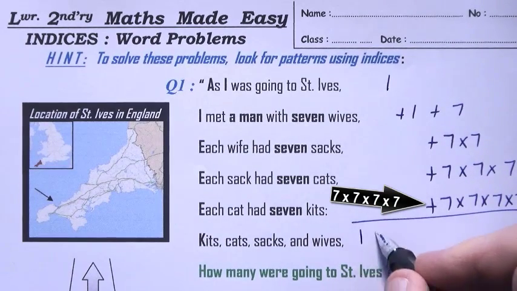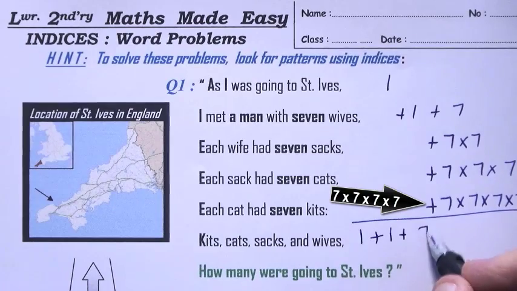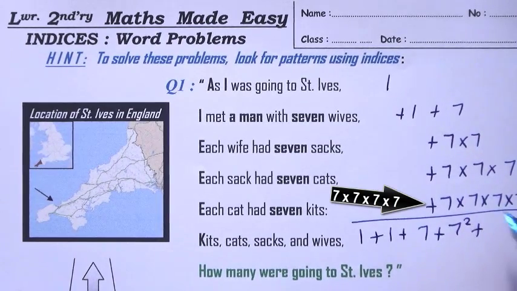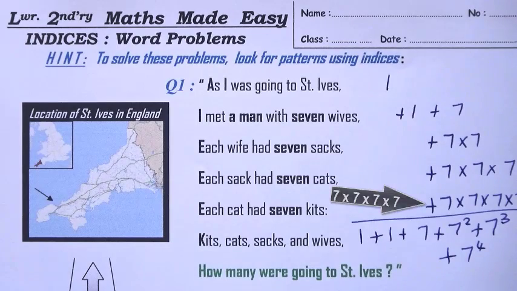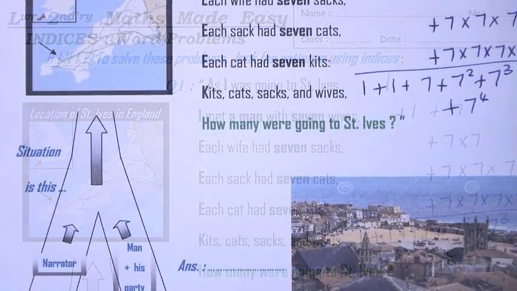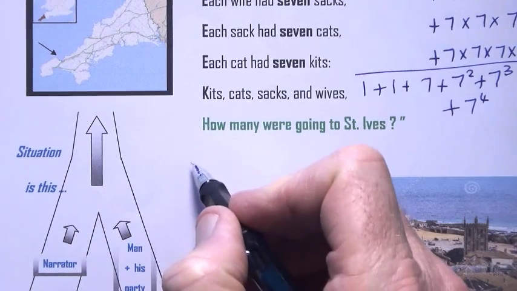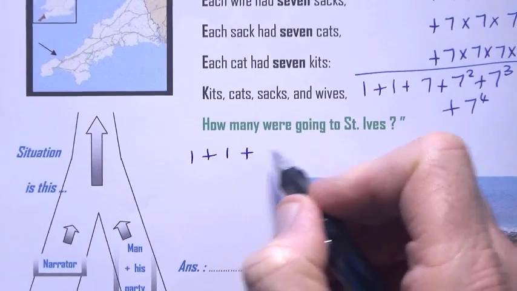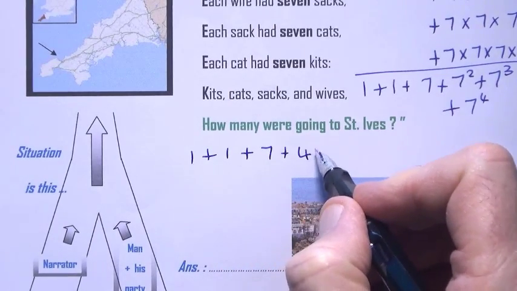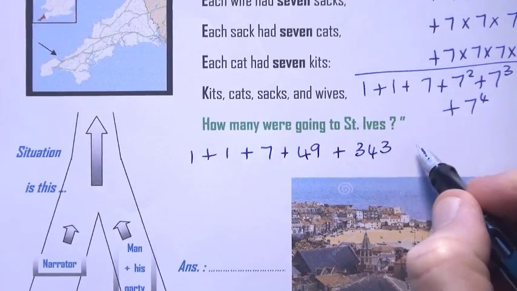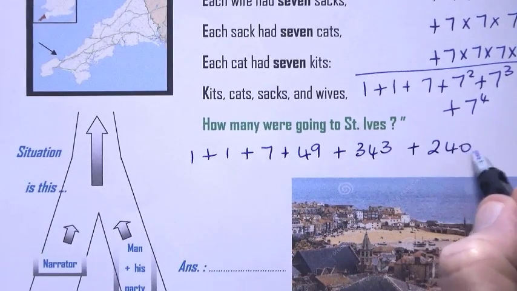So it's 1 plus 7 plus 7 by 7 is 7 squared plus 7 by 7 by 7 is 7 cubed plus 7 to the 4th power. Now if I just expand those powers, I get 1 plus 7 plus 49 plus 343 plus 2,401.